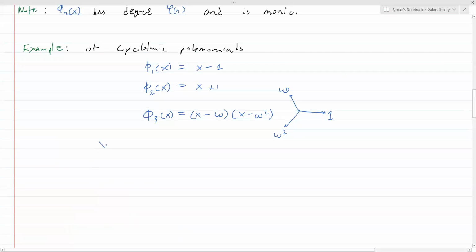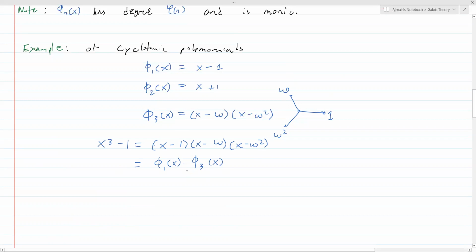Let's go back to the polynomial x cubed minus 1. It's going to be a product of the roots: x minus 1, x minus omega, x minus omega squared. In other words, this is a product of phi 1 of x times phi 3 of x.